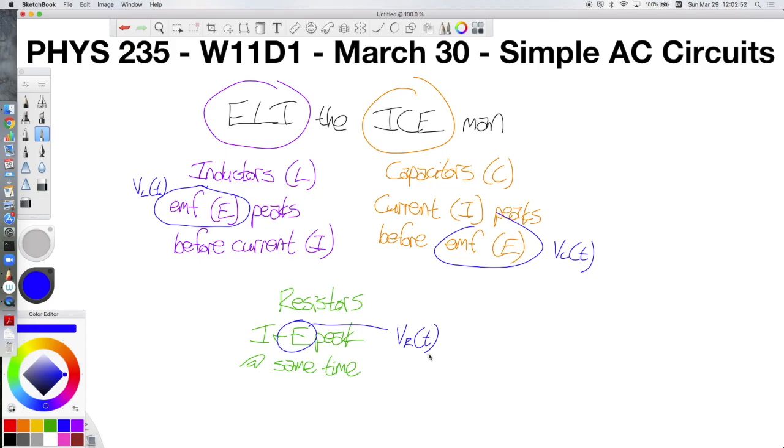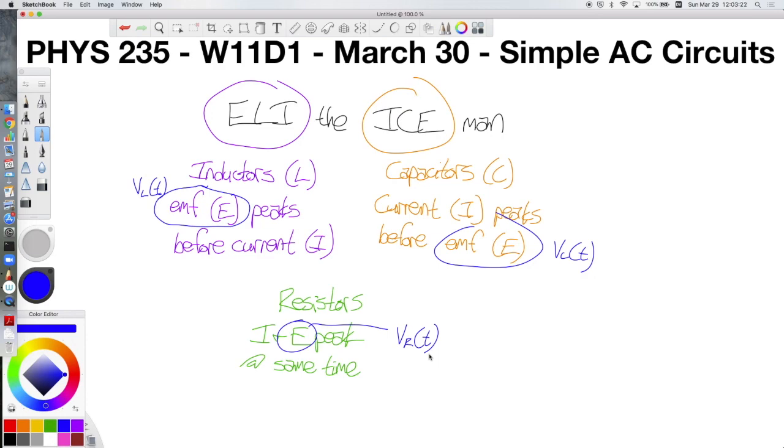So I recommend trying to get comfortable with these phasor diagrams and exactly what information is contained on them, as well as understanding both conceptually and mathematically the differences between resistors, capacitors, and inductors and how they react to AC power supplies. If you try to think through how the circuit reacts over time, you can do that with our current knowledge of what we know about capacitors, resistors, and inductors.